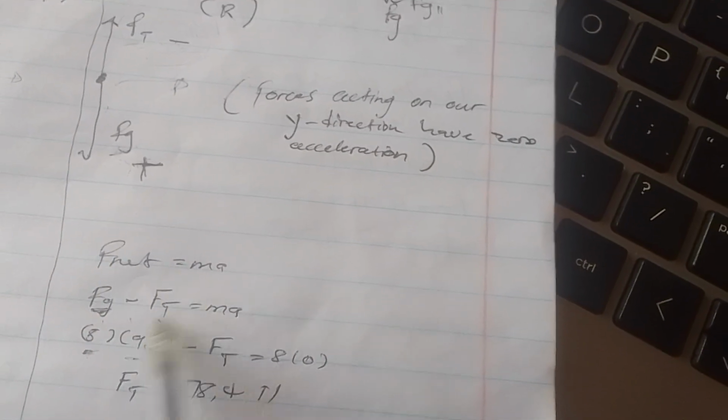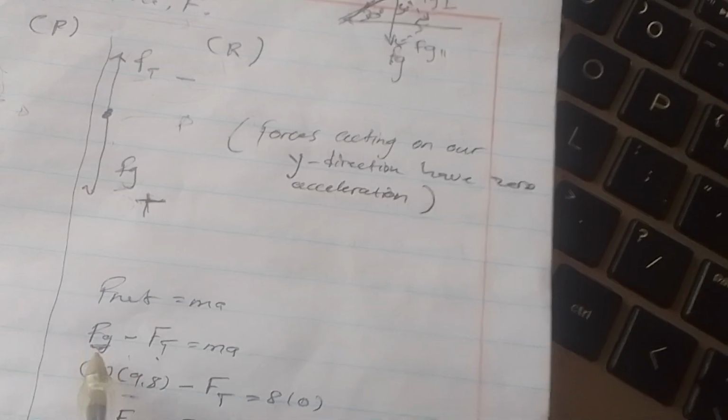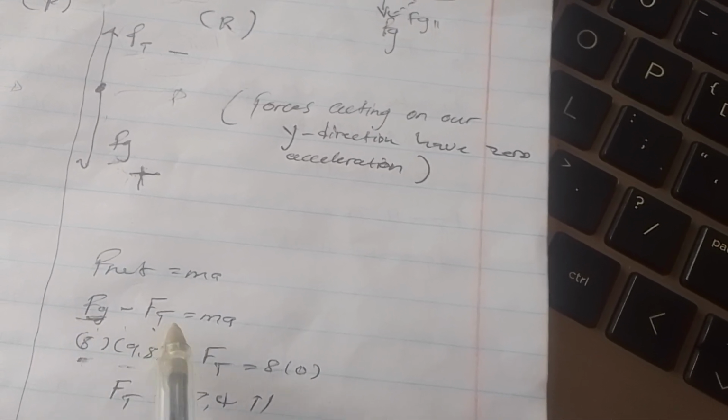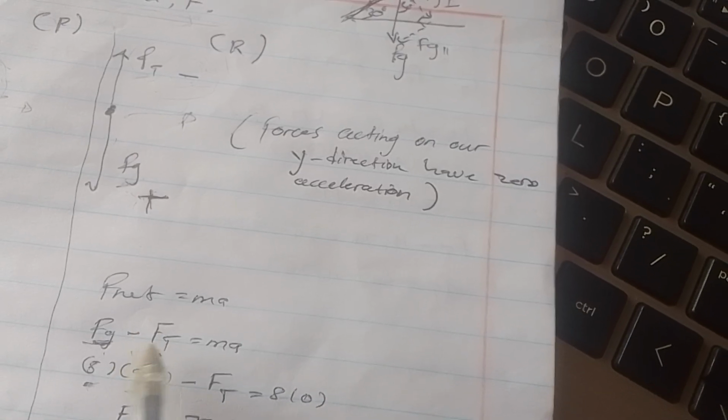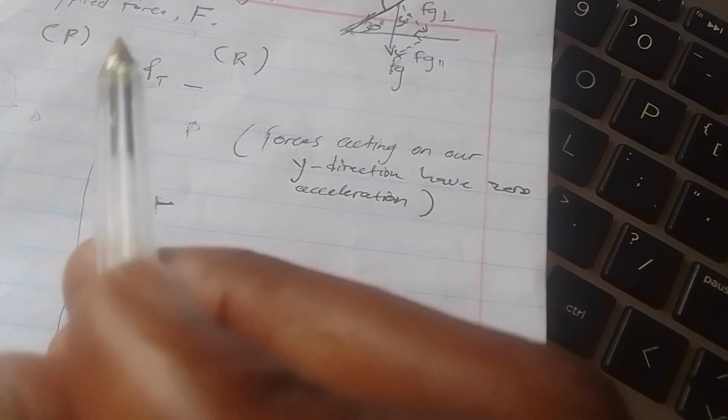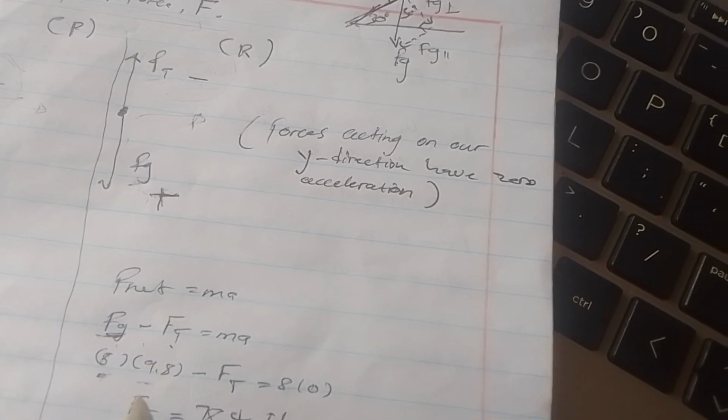So F net is equal to ma. It is FG minus FT. We're saying minus FT because it is opposing the motion. It is going upward, and our FG is going downward. I took the direction going downward as positive. So FG minus FT is equal to ma. So FG, you know that formula.